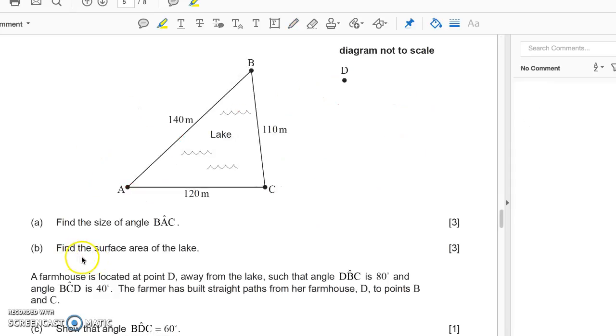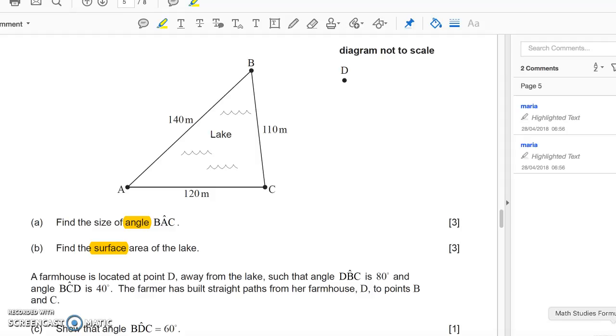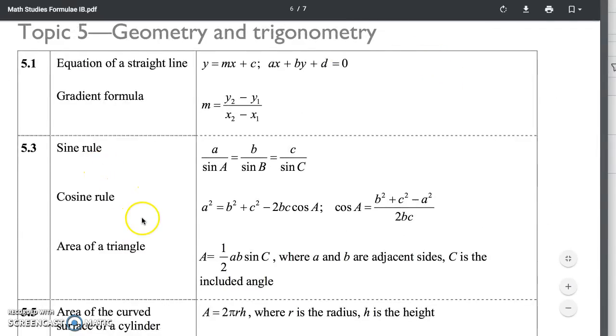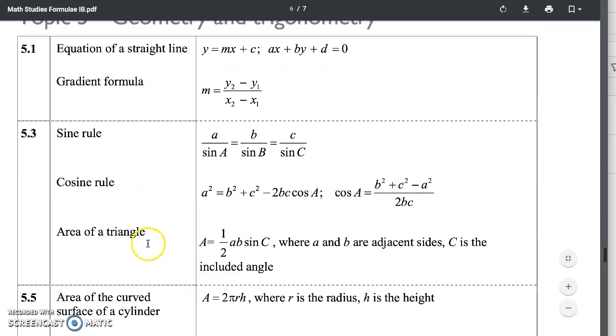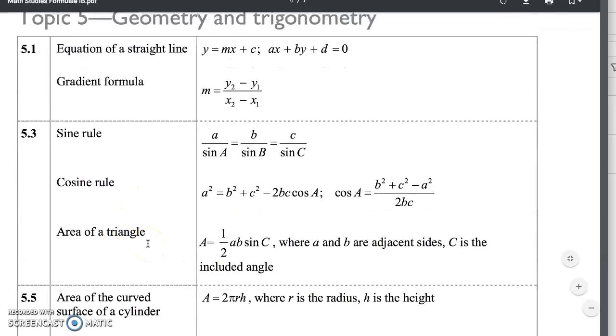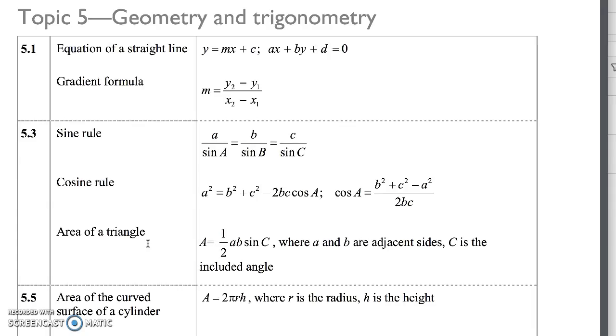The question goes on, asking question B, find the area of the surface. Well, for the area, I need to go again to the formula booklet. The area of a triangle, and remember, I'm not looking at a right triangle. There is no right angle, so I need to go for this generic one.